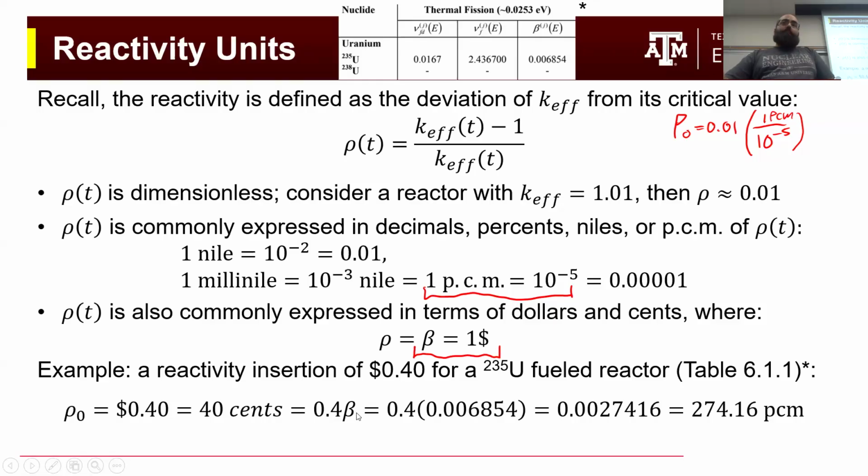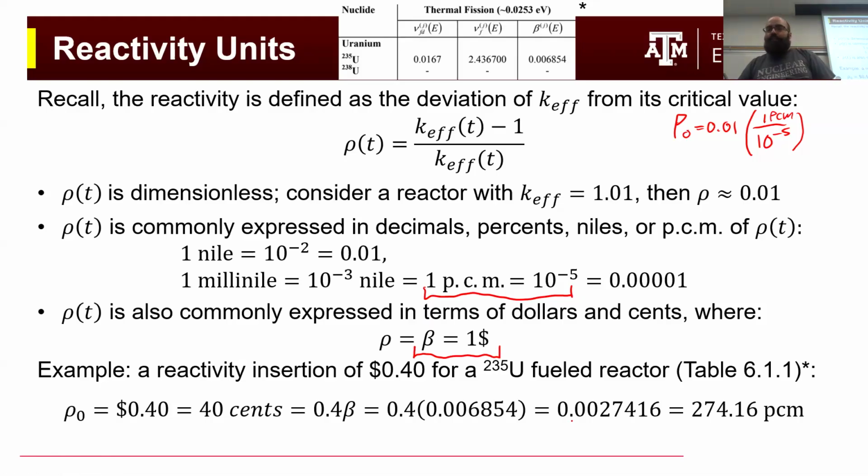And beta is just a number. Like if it's uranium-235, then we have a value for beta, which is this 0.06854. So if it's 0.4 beta, I could actually plug in that number for beta, and then I would have my reactivity insertion as a decimal. And then if I wanted to convert this from a decimal value to a PCM value, I basically end up dividing by 10 to the negative 5, which means I end up moving the decimal 5 places to the right.